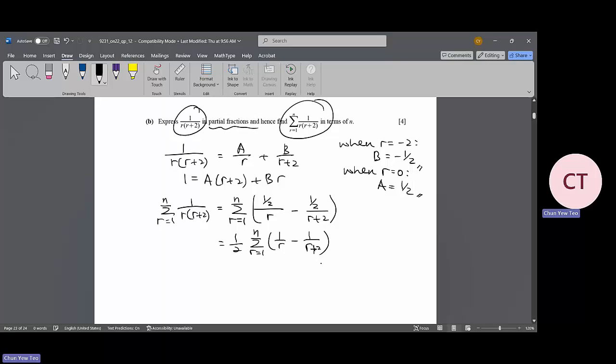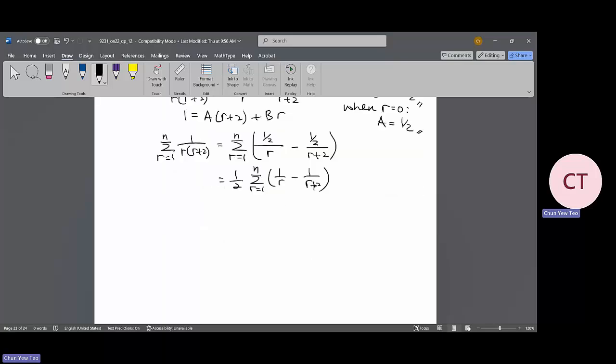Now we just need to list out the terms one by one. So 1 over 1 minus the 1 over 3. Then plus the 1 over 2 minus 1 over 4 plus the 1 over 3 minus the 1 over 5.